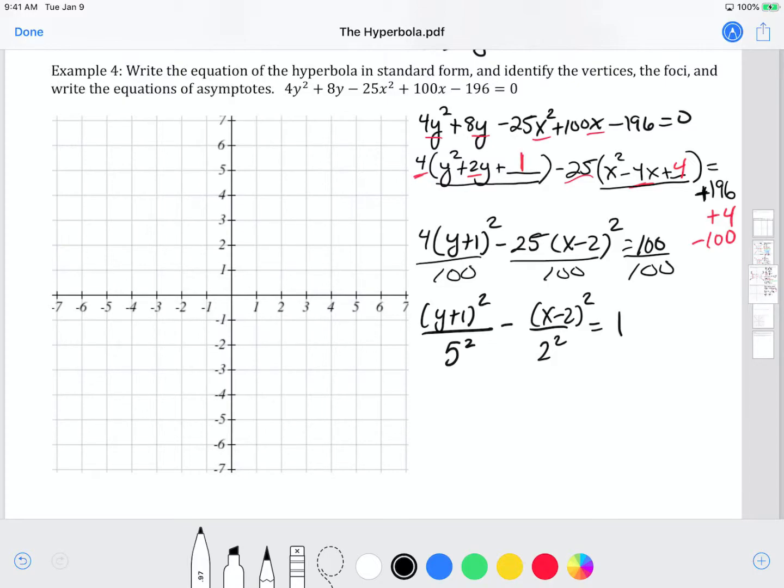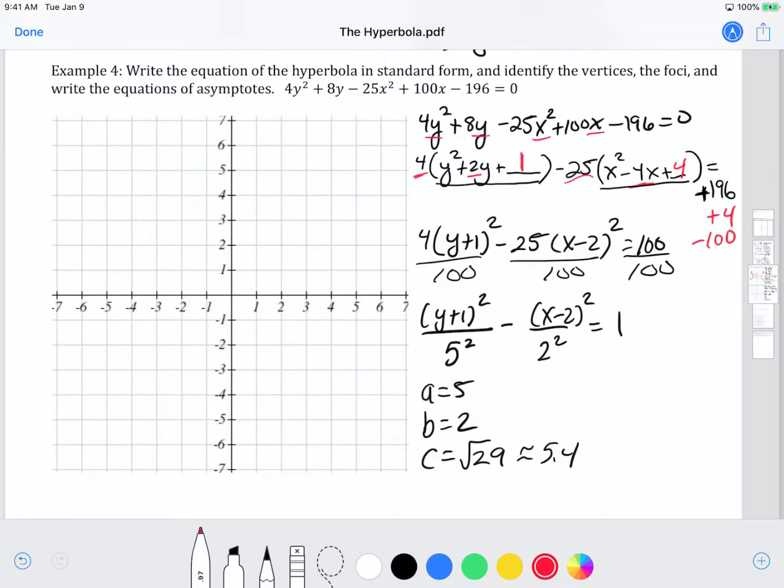So now I can identify that A is 5, B is 2, and C, if I take 25 plus 4, that's going to give me the square root of 29. When I use my formula, C squared is equal to A squared plus B squared. And then also, if I want to put that in decimal form, that's approximately 5.4.